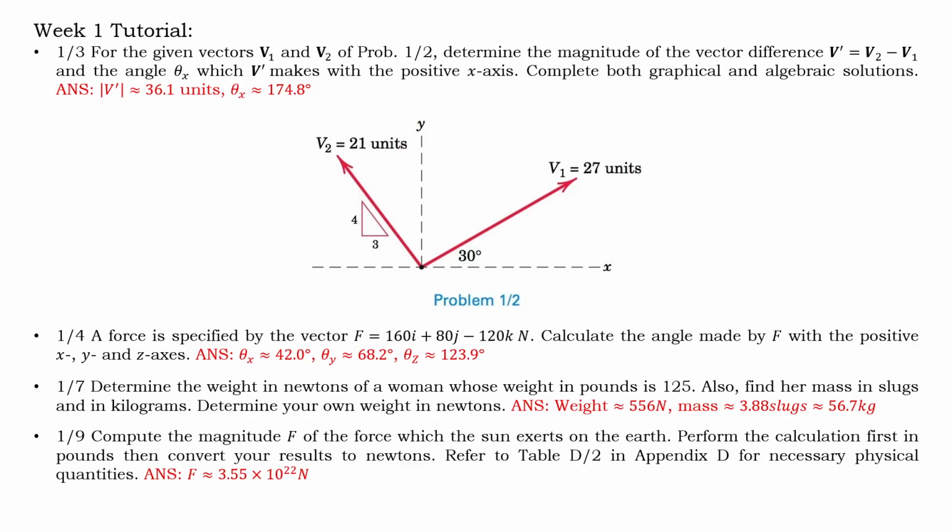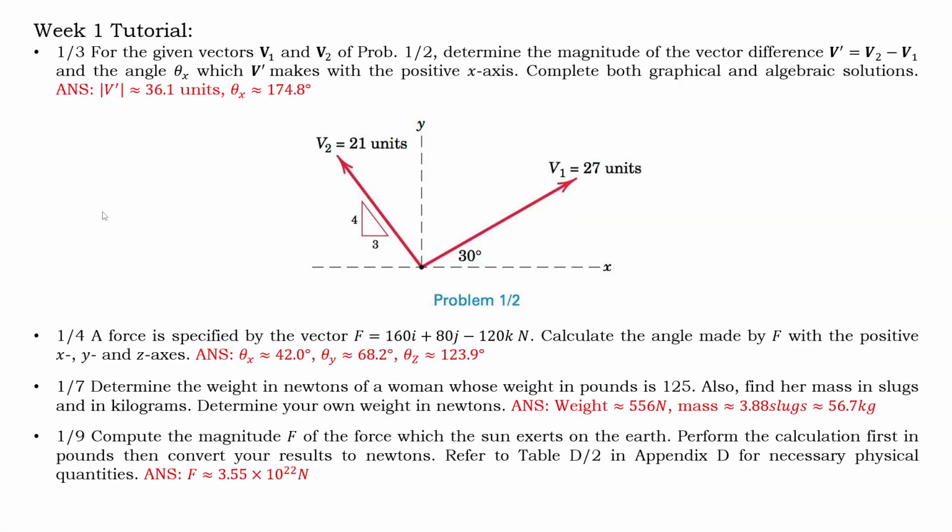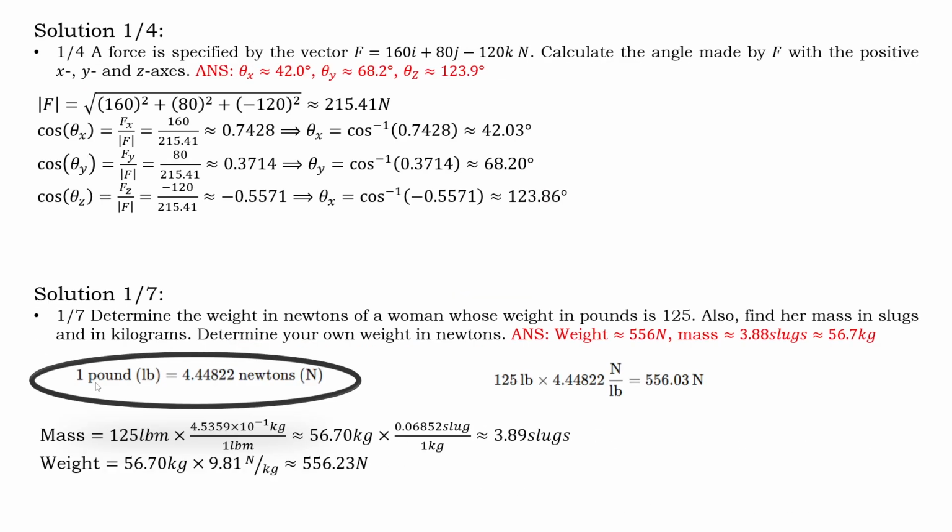It means that 1 pound, or lb, is equal to 4.44822 newtons. Therefore, for 125 pounds you need to multiply it by this number, so the answer will be 556 newtons.